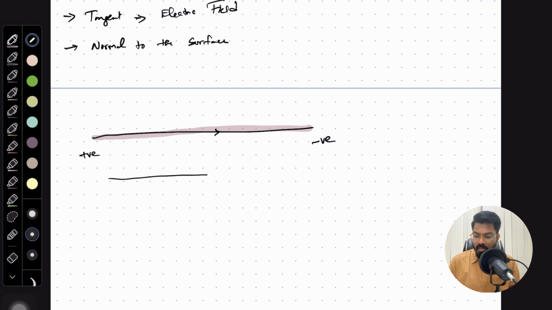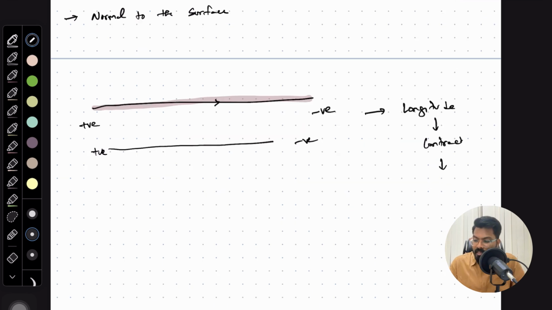So it is trying to become smaller and smaller, because we have a positive on one side and the negative on the other side. So it is trying to contract, which indeed results in attraction. So we know opposite charges attract because of this. Along the longitudinal direction, there is a contraction happening.